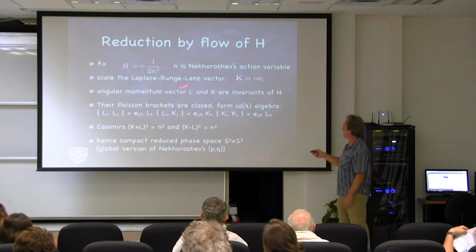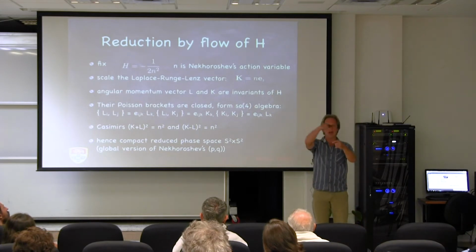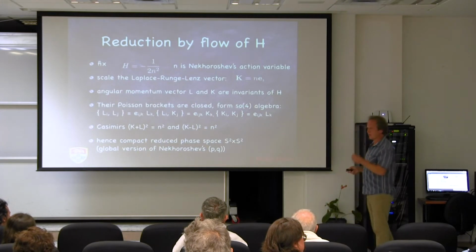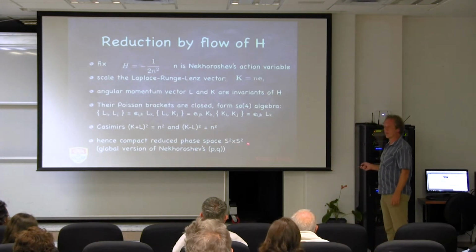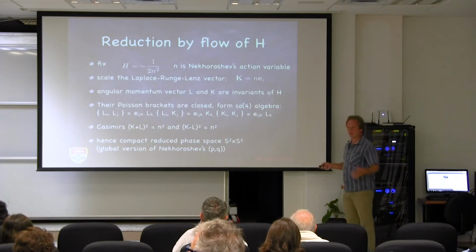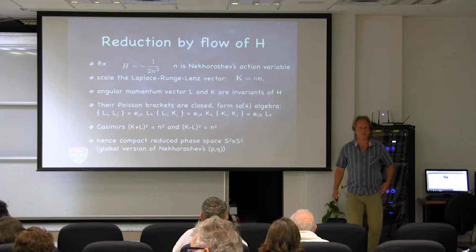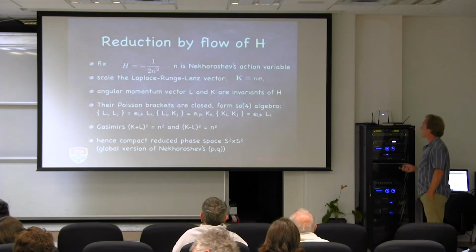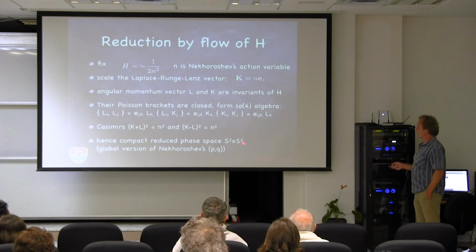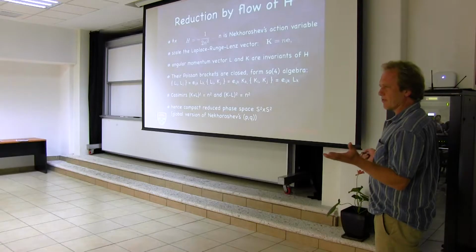I is the n, phi would be the angle along the Kepler ellipse, and the p and the q would be local coordinates on this S2 cross S2. But now we get something slightly better, which is the global version of this statement. That's the reduction by the flow of H. And since we reduce by the flow of H, at this point there's no dynamics on this S2 cross S2.